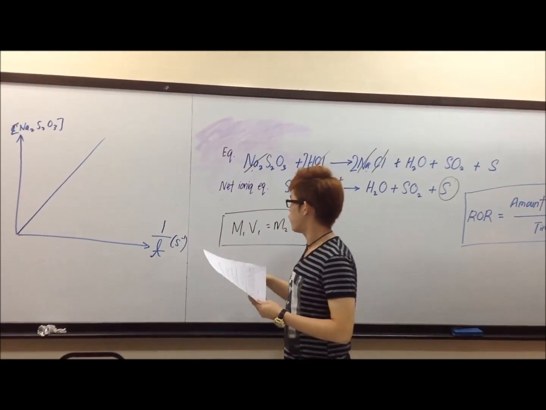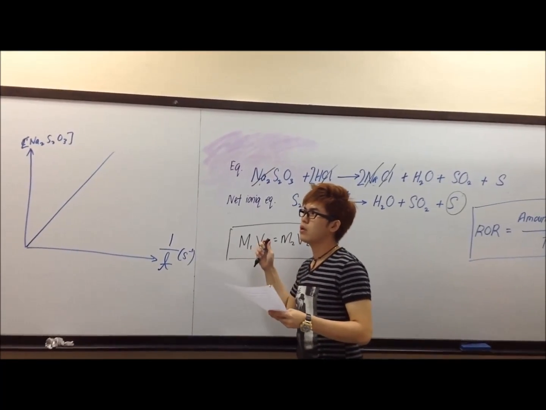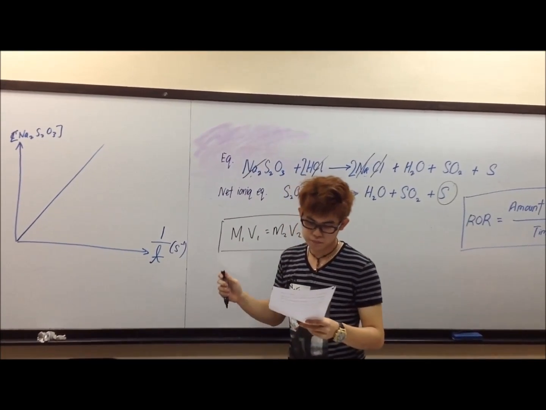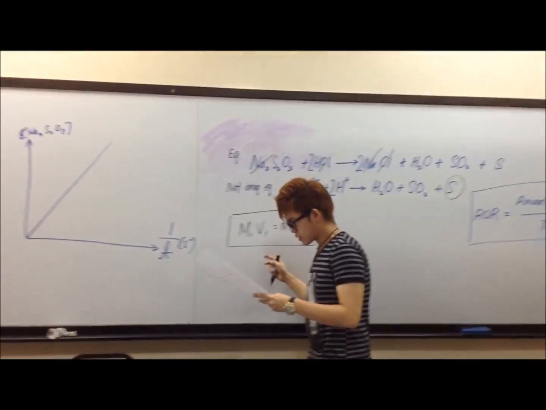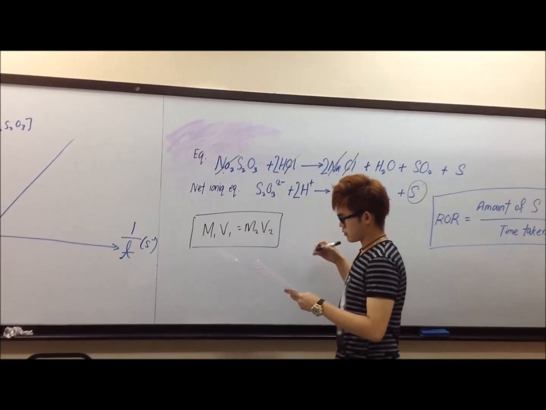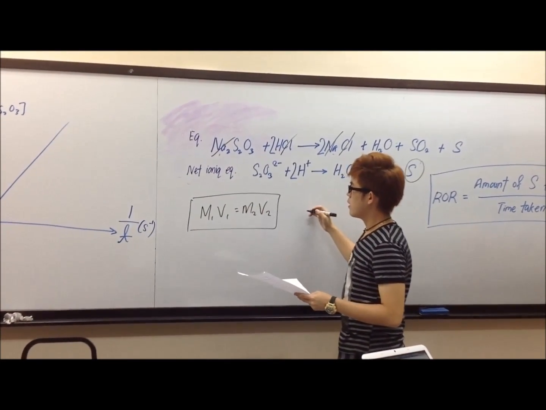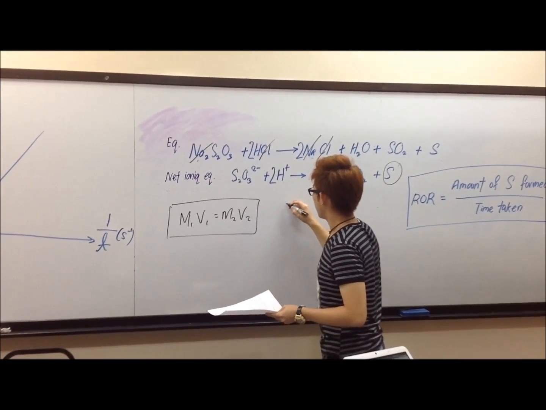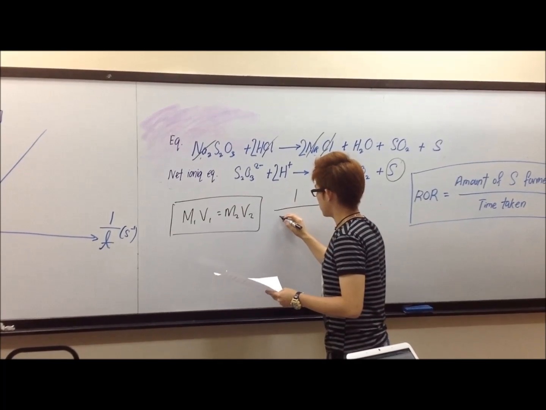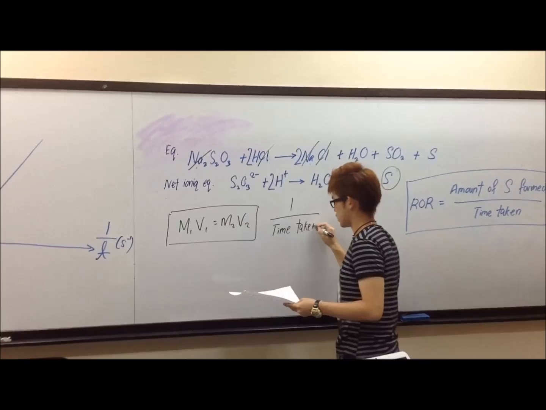After obtaining the readings, you can start calculating the rate of reaction by following this formula, the reciprocal of the time taken for the cross to disappear.